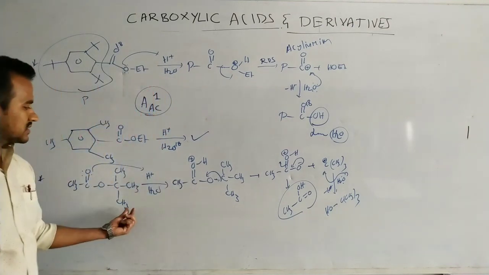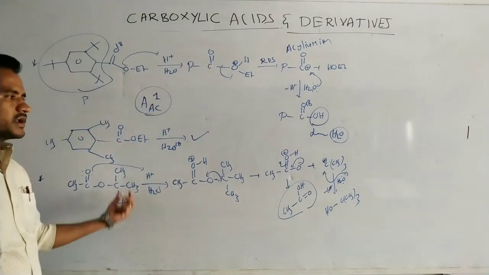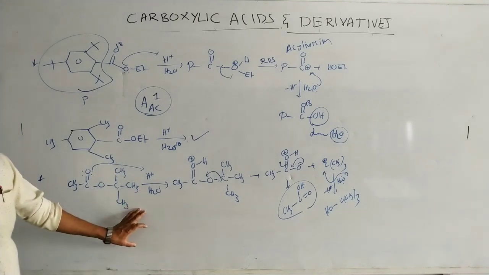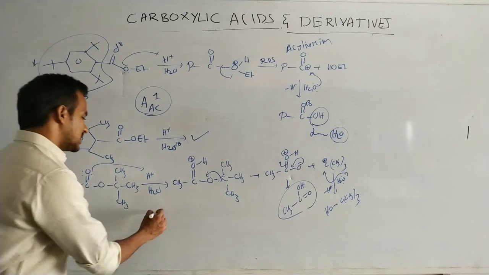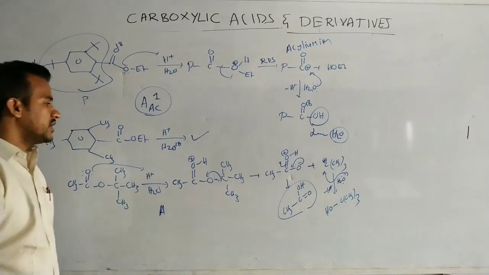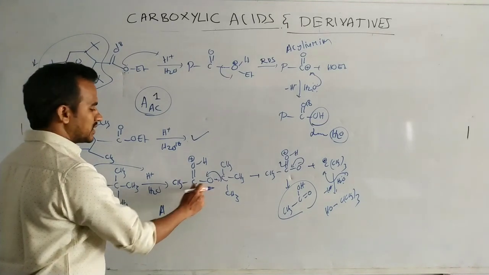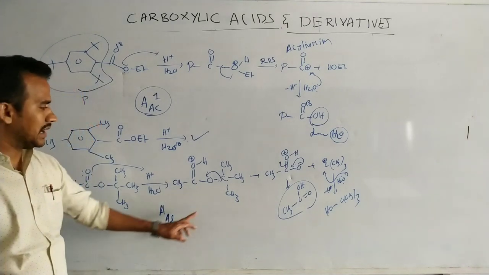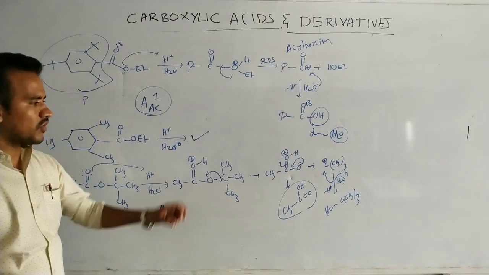It is one type of mechanism. Whenever this alkyl group can give a stable carbocation, hydrolysis proceeds with this type of mechanism. In this case again, acid medium. This reaction takes place in acid medium. Now which bond breaking takes place? Alkyl oxygen bond breaking, so Al. Al means alkyl oxygen bond breaking. And what is the molecularity?